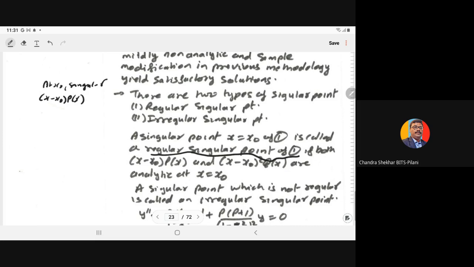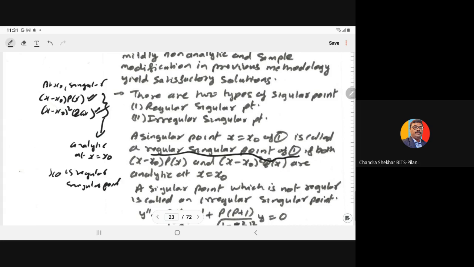We define the new functions (x minus x naught) into p(x) and (x minus x naught) whole square into q(x) as new functions. Now we check the analyticity of these two functions. If these two functions are analytic at x equal to x naught, then we say x naught is a regular singular point. Then we say x naught is the regular singular point, right?